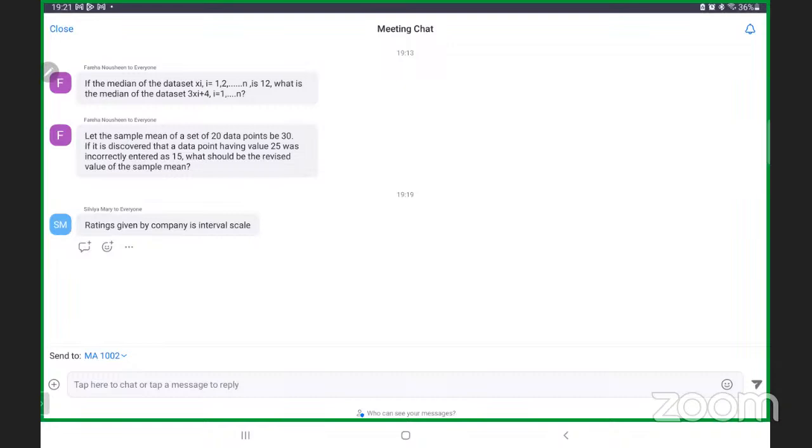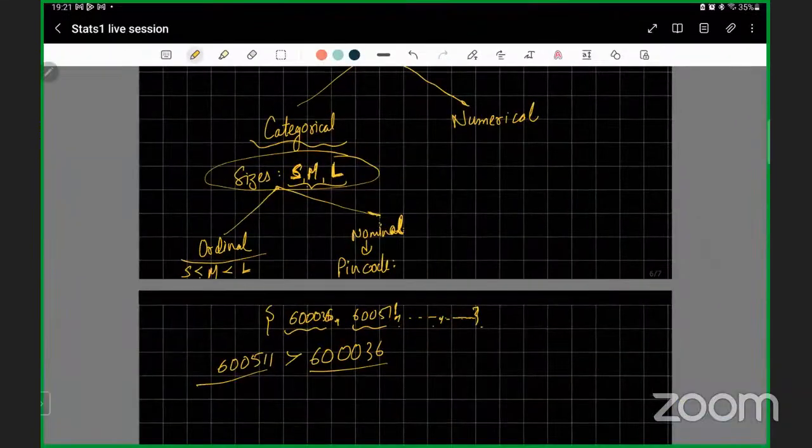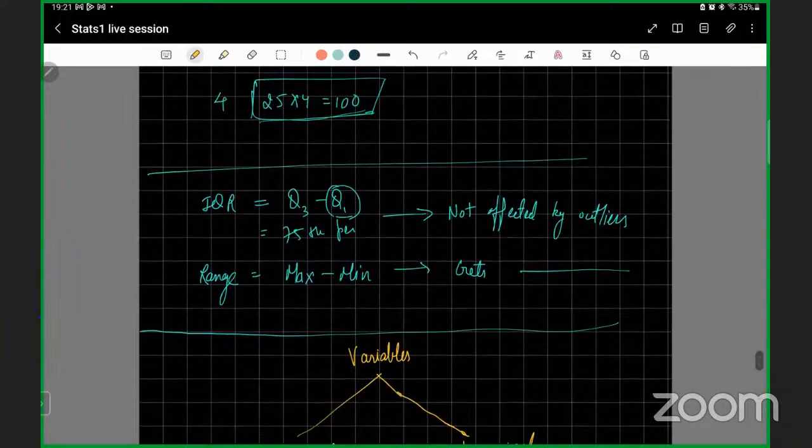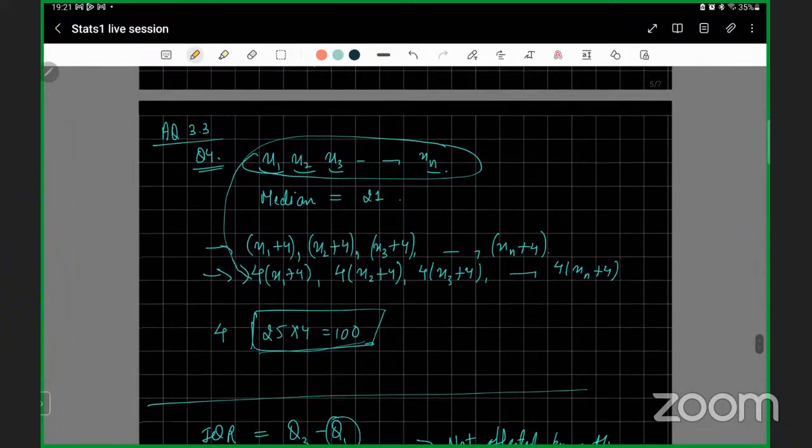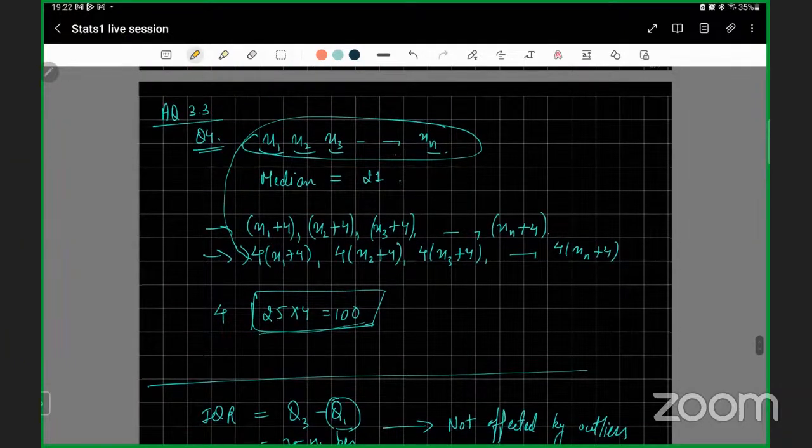Did you not get it, ma'am? Just hold on. This is the same as this one. So you have a data set x1 to xn, and the median is given to be 12 in your case.